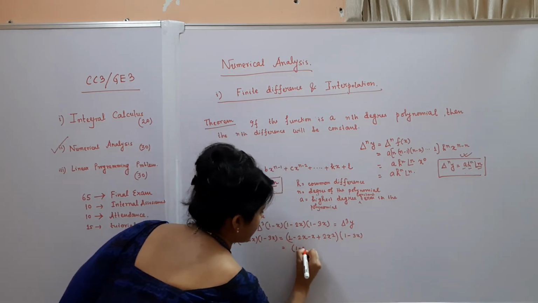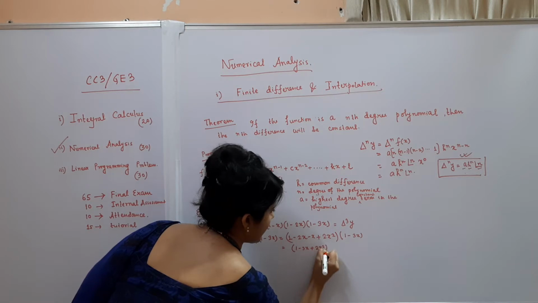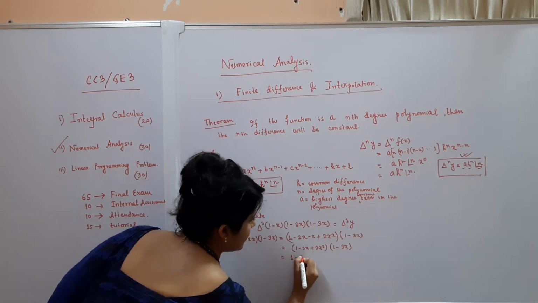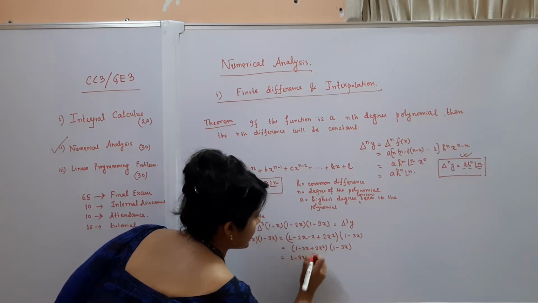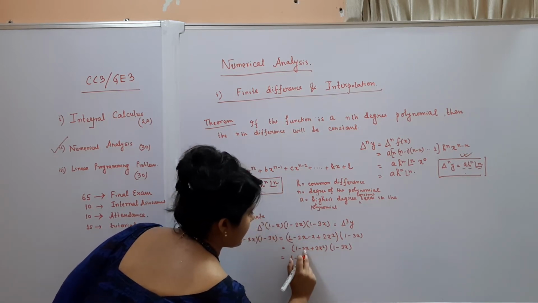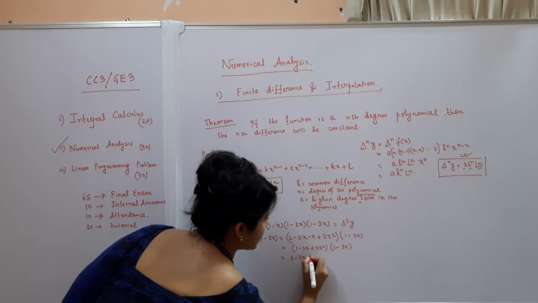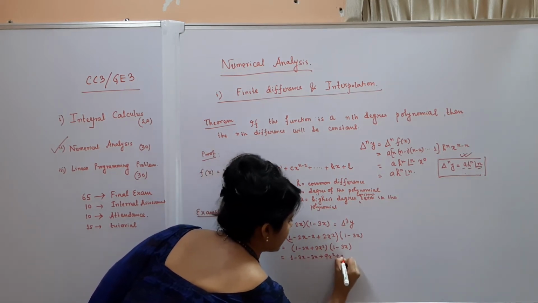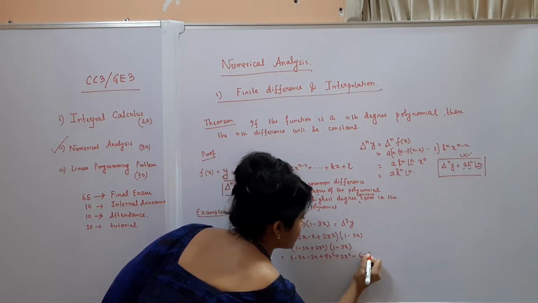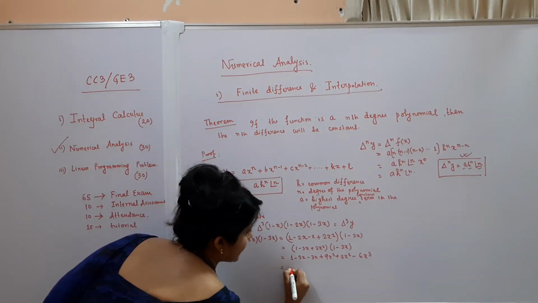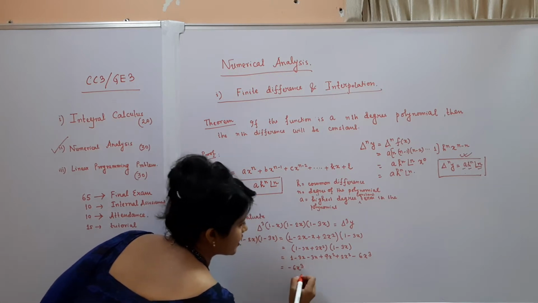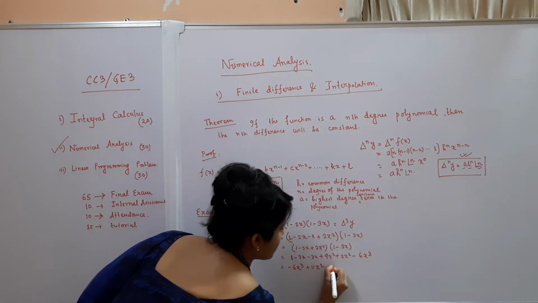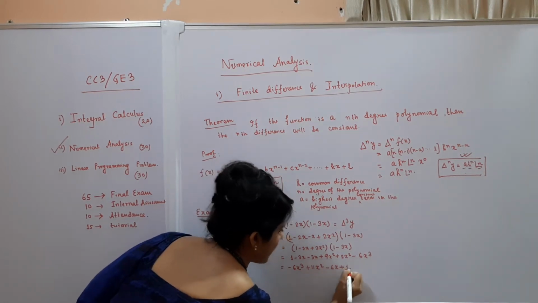So therefore 1 minus 3x plus 2x square into 1 minus 3x, therefore 1 minus 3x, then minus 3x plus 9x square, then 2x square, then minus 6x cube. So you will get minus 6x cube plus 11x square minus 6x plus 1.